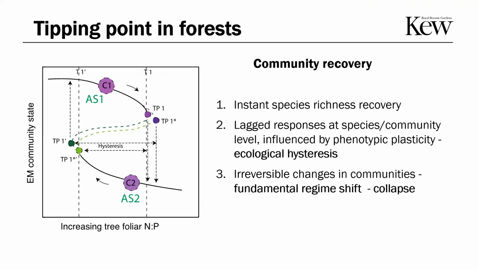We might find that after a decrease in nitrogen addition, all the species can recover, or we might find that there are lag responses influenced by phenotypic plasticity, and that it will be ecological hysteresis, or there might not be a way back, and the system might collapse.